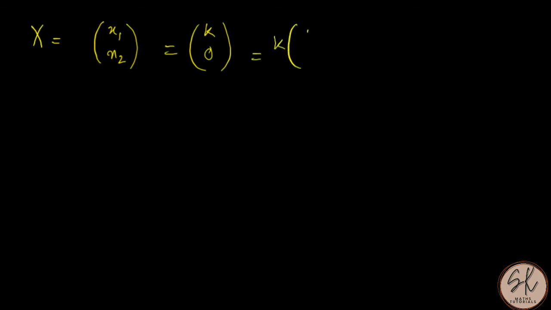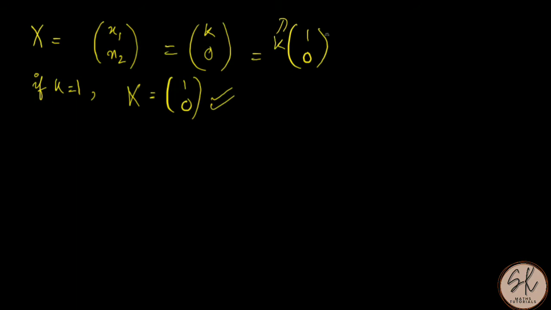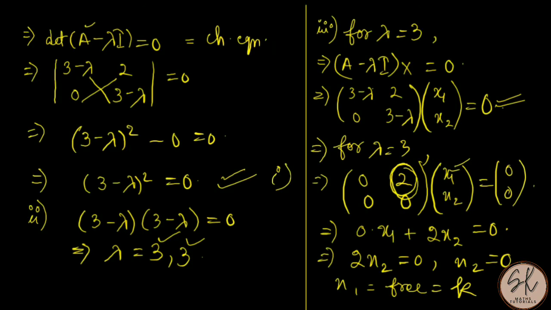After taking k outside, we get 1 comma 0. If k equals 1, then the eigenvector is 1 comma 0. You can take any value for k. This is one of the eigenvectors of the matrix A, and any multiple of it will also be an eigenvector of A. So we got the third eigenvector of the matrix A.